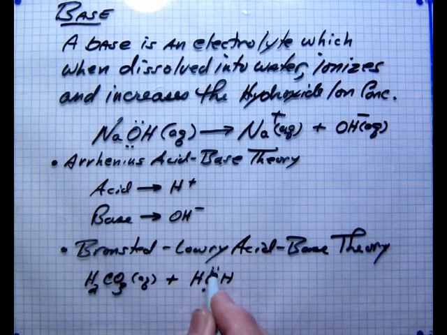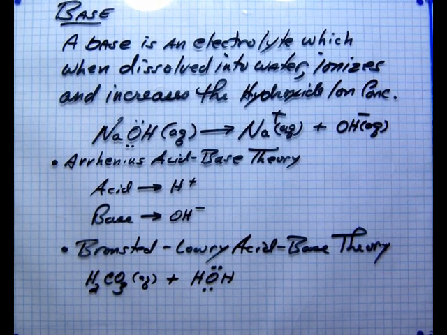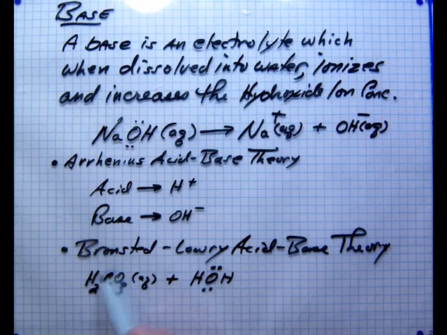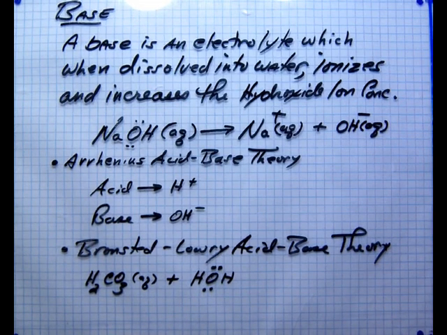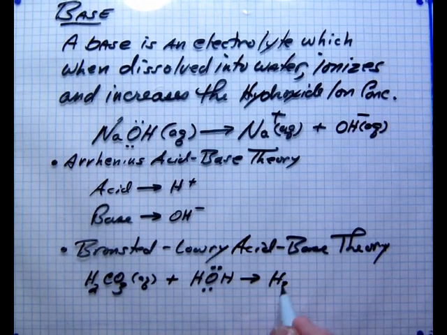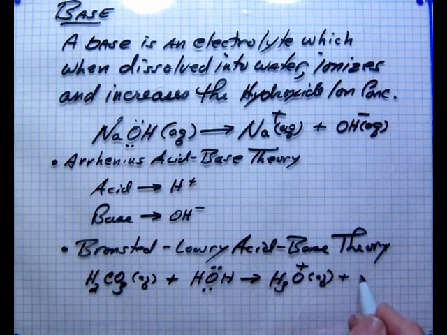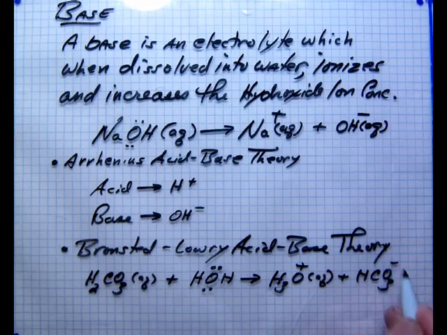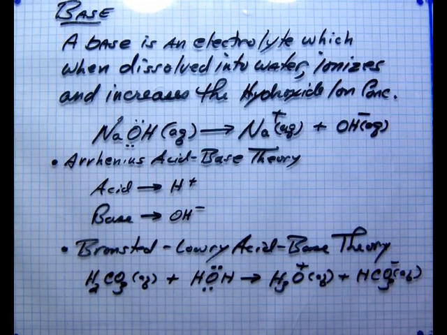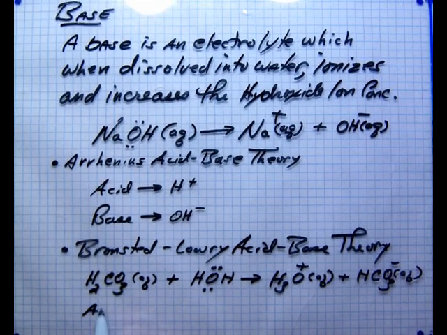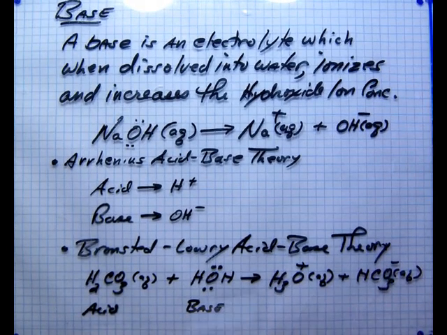The first ionization delivers a hydrogen to the electron pair, which has a high negative character, and produces the hydronium ion, H3O+, and leaves us with HCO3-, the bicarbonate ion, like that. And this would be the acid, and the water in itself would be the base by the Bronsted-Lowry theory.